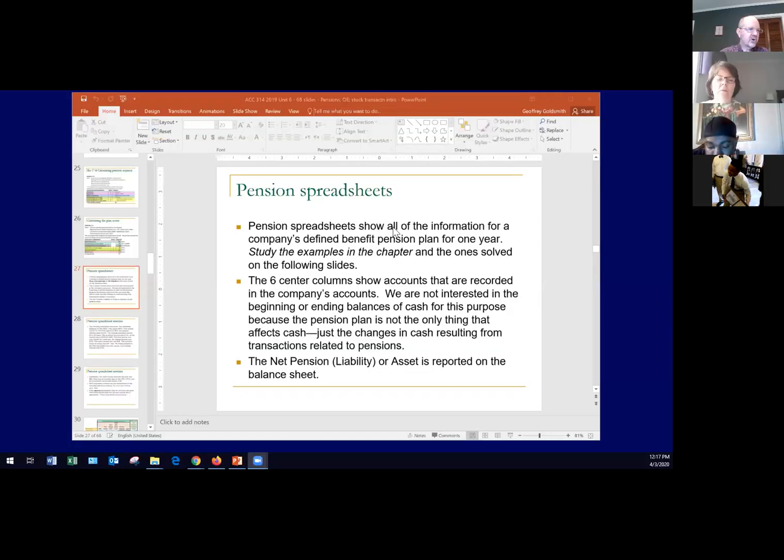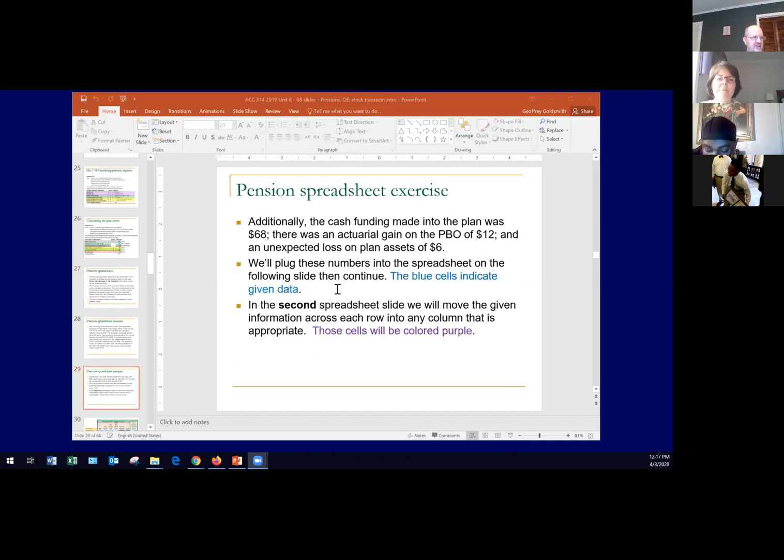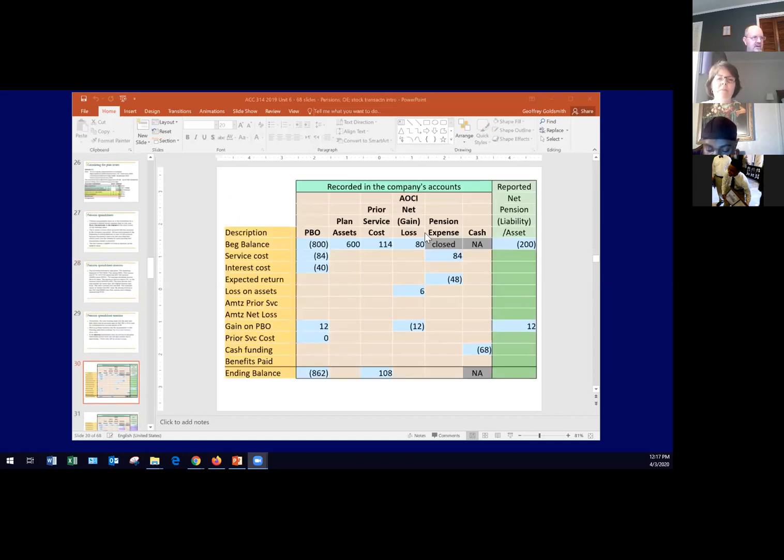Pension spreadsheets show all of the information for a company's defined benefit pension plan for 1 year. Study the examples in the chapter and the ones solved on the following slides. The 6 center columns, let me flip down so you can see the center columns. 1, 2, 3, 4, 5, 6 center columns, a right column of numbers, a left column of labels.